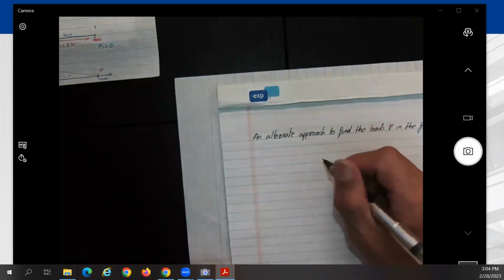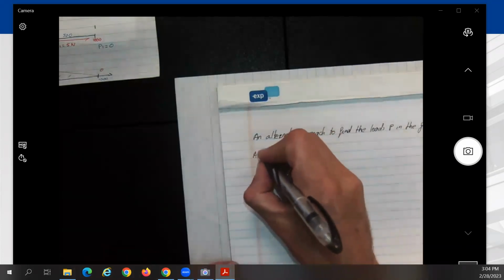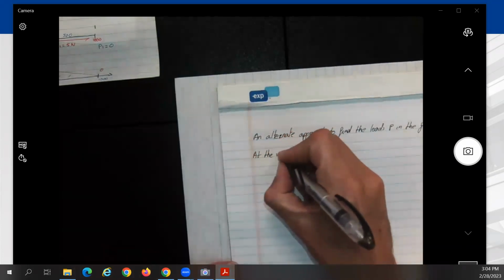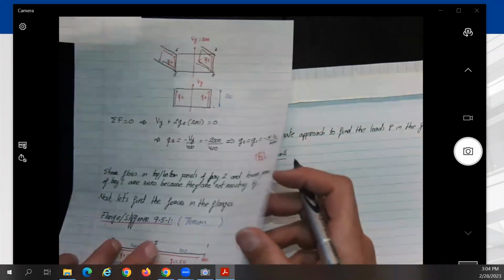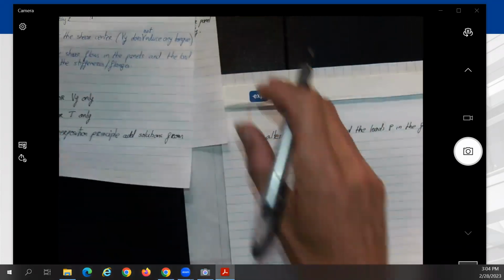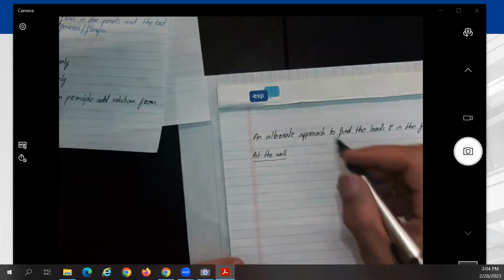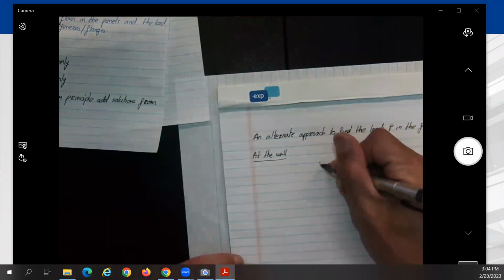So let's say here we are at the wall. I just need to look at my figure again, the number. Okay, here we go. All right, so we are here at the wall.